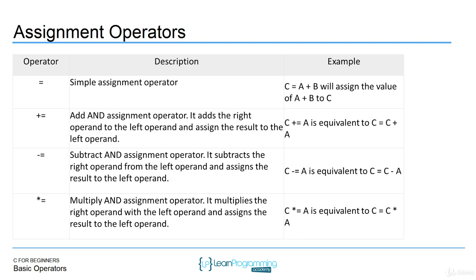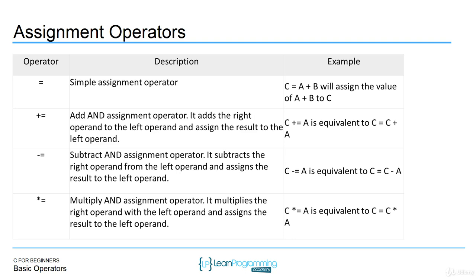Minus equals is the exact same thing, except you're subtracting, and then assigning. So you subtract the right operand from the left operand and then assign the data. If you say C minus equals A, it's really C equals C minus A. It's kind of a shorthand notation, these plus equals and minus equals. You can write things a little faster because you do two operations essentially in one single statement.